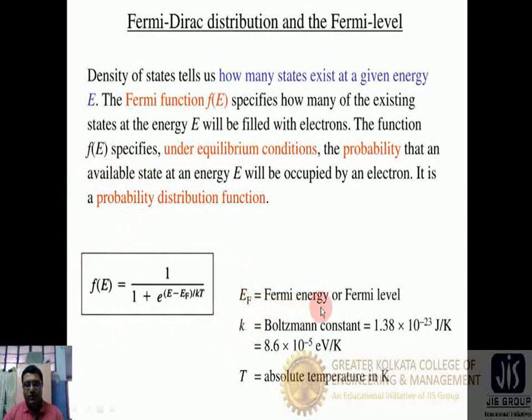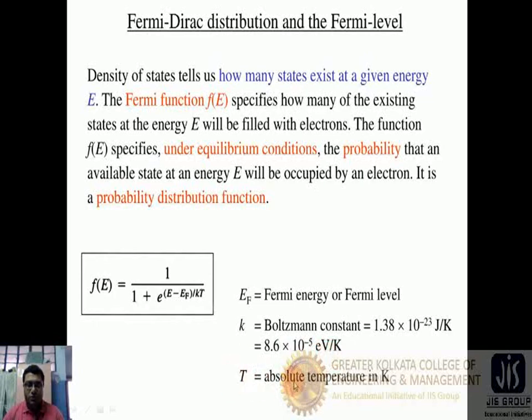EF is the Fermi energy or the Fermi level. K is the Boltzmann constant. The value of the Boltzmann constant is 1.38 into 10 to the power minus 23 joule per Kelvin, or it can be represented as 8.6 into 10 to the power minus 5 electron volt per Kelvin.